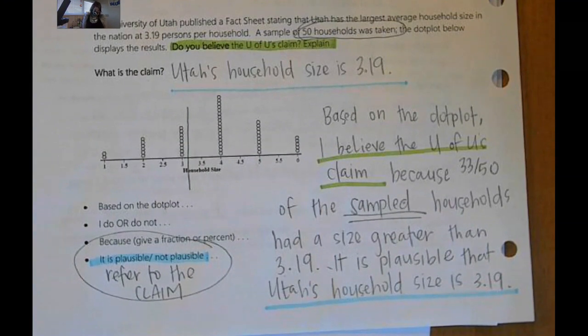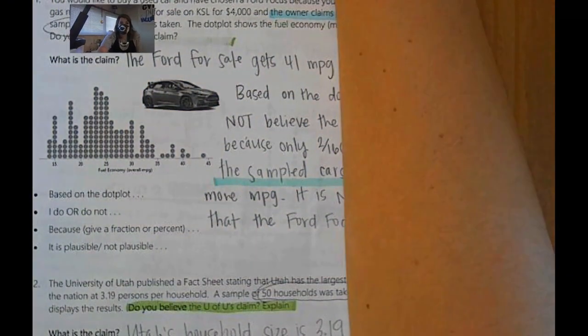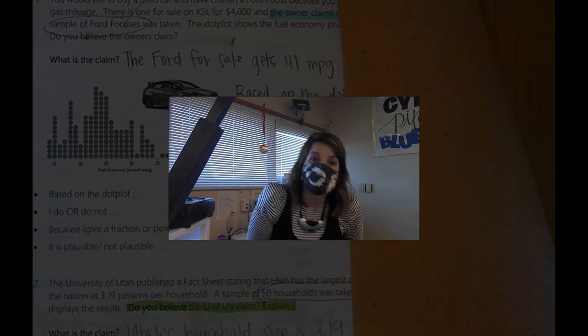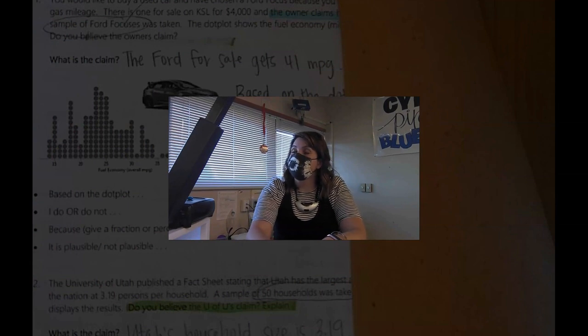Okay, so here's why, and this is something that we haven't talked about in stats yet. So when we're looking at a sample, because what we did here in this problem is we went and sampled 50 homes in Utah. True story? Do we expect that every single house is going to have 3.19 people?